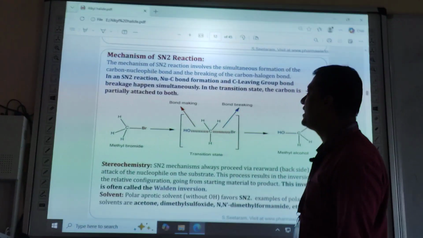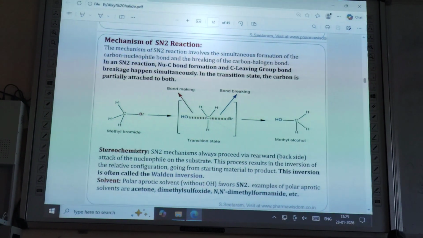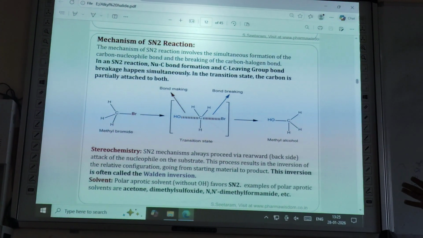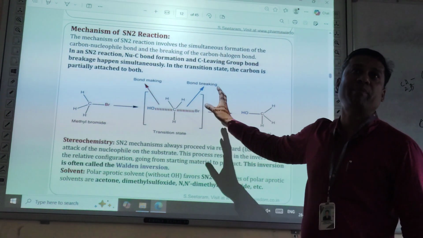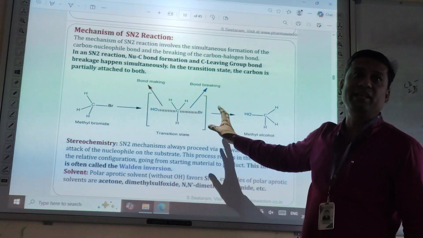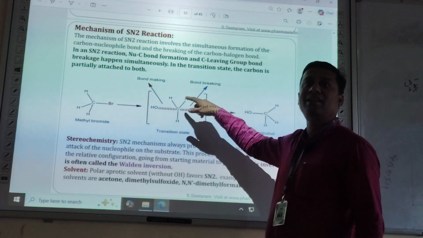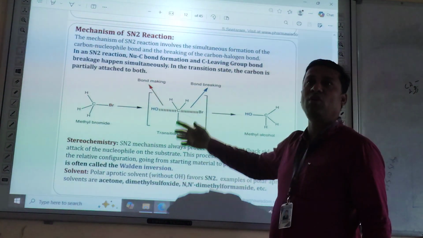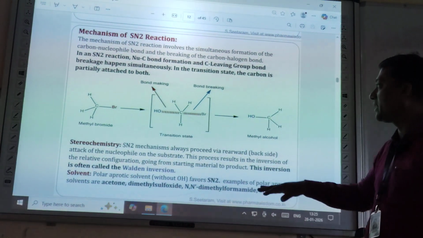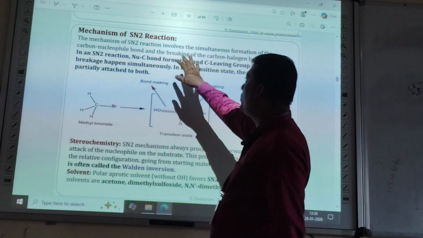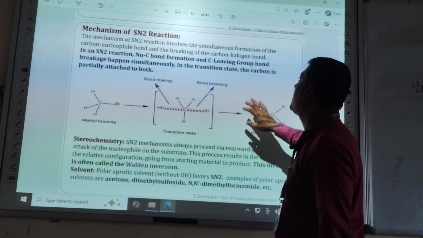Then the mechanism of the SN2 reaction. It involves the simultaneous formation of the carbon-nucleophile bond and the breaking of the carbon-halogen bond. In the intermediate stage, the dotted lines indicate that the new bonds are forming while the old bonds are breaking.